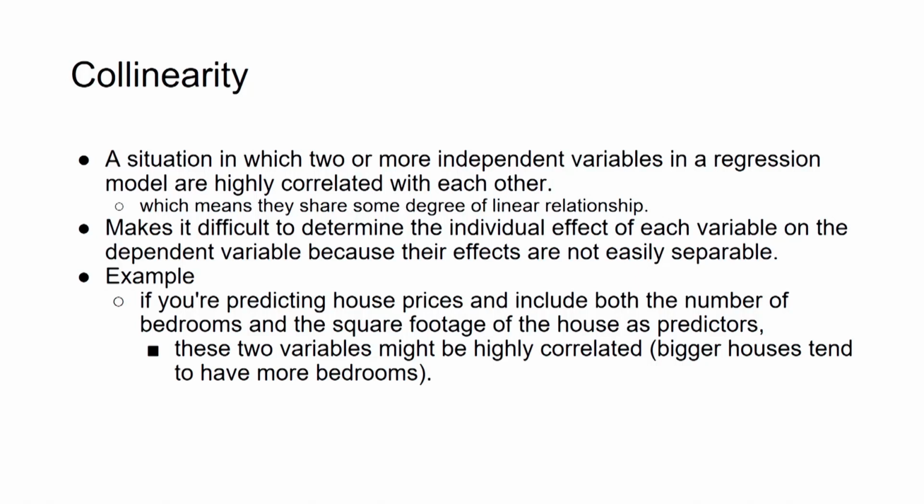Let us see one example of this. If you are predicting house prices and you are considering two independent variables in your model. The first independent variable is the number of bedrooms and the second is the square footage of the house. So, the price of the house depends on the number of bedrooms as well as the square footage of the house.